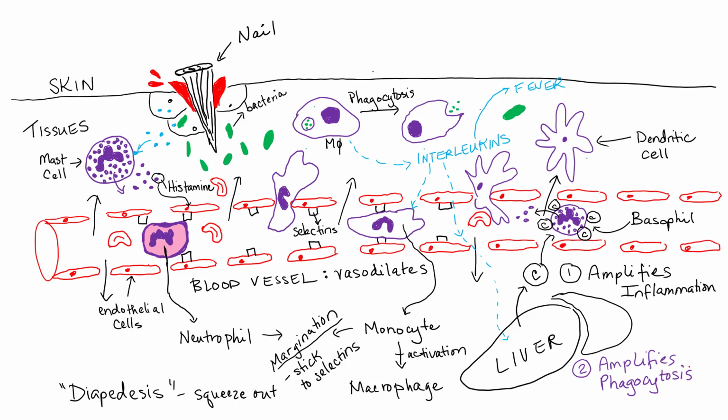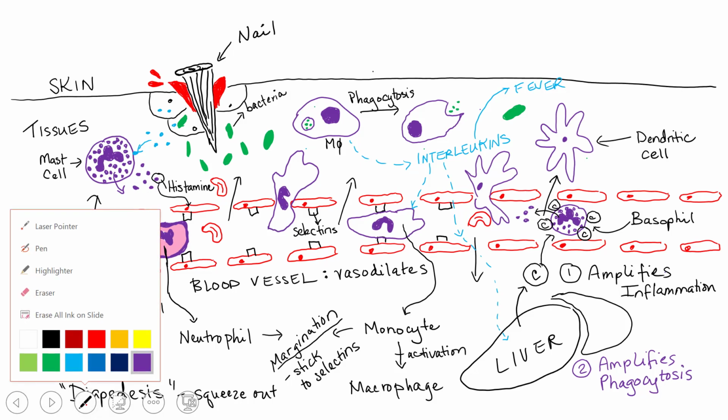We want those bacterial pathogens to get digested by our macrophages. And how's that going to happen? Well, it's going to happen if we have a lot of phagocytes at the scene. And it's going to happen if those phagocytes are aware of what they should be digesting, the bacterial pathogen.